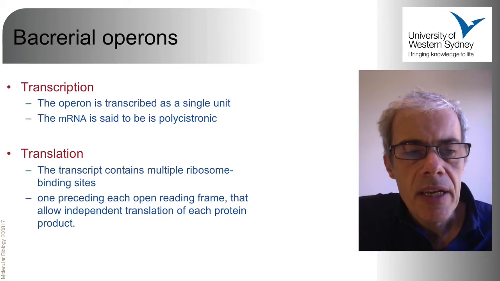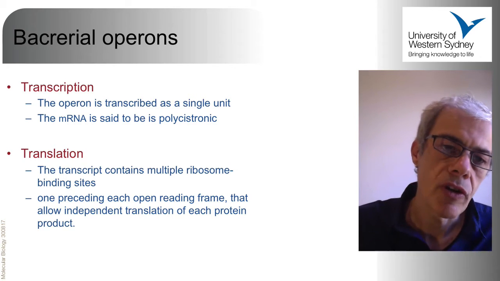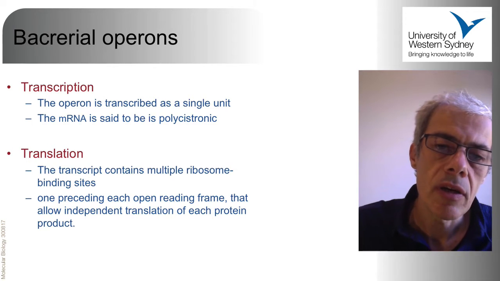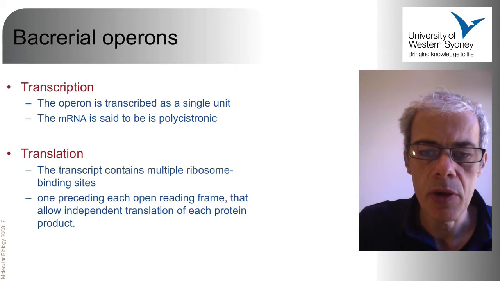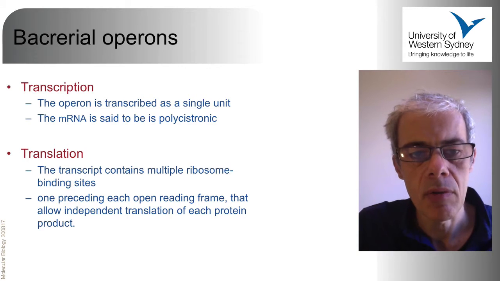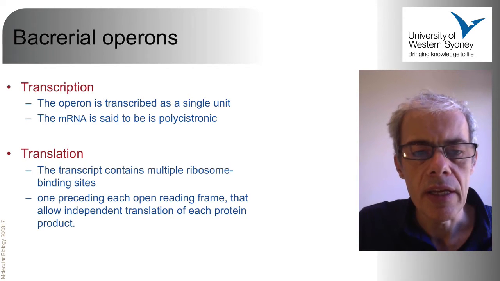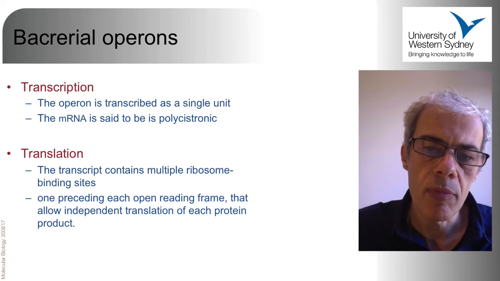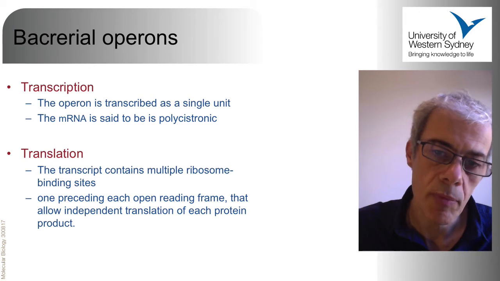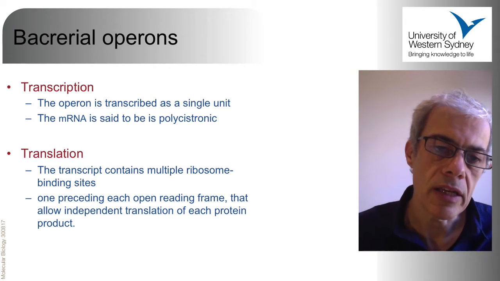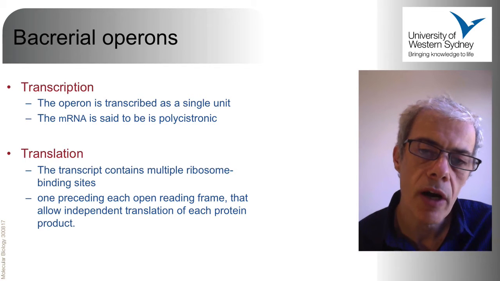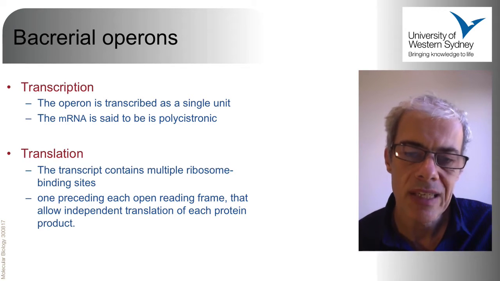In bacteria, when we're talking about transcription, typically bacteria have operons, whereas in higher eukaryotes we don't have operons. An operon is a collection of genes that are transcribed from a single promoter. In the case of the Lac Operon, which we'll look at, there are 3 genes required for lactose metabolism.